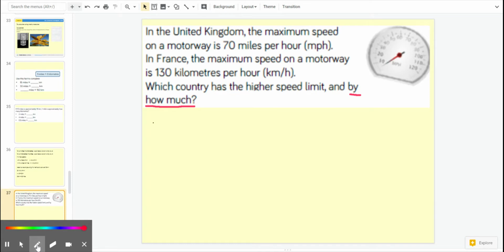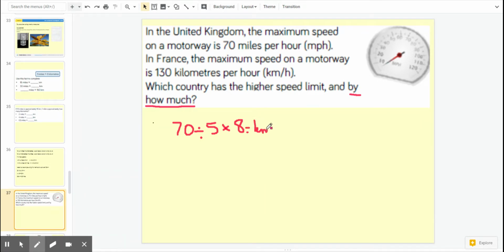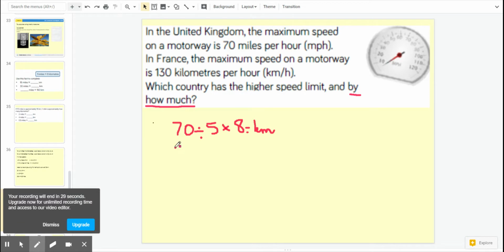Okay, so I hope you got on all right with that. Using our formula from before, what we need to do is 70 divided by 5 times 8 equals our kilometres. So 70 divided by 5, I've already worked this out, you should have done some division on that, is 14.